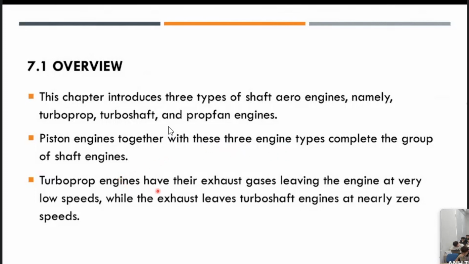Turboprop engines have their exhaust gases leaving the engine at a very low speed, while the exhaust leaves turboshaft engines at nearly 0 speed. So there is a main difference between a turboprop and a turboshaft engine in terms of the exhaust gas speed.